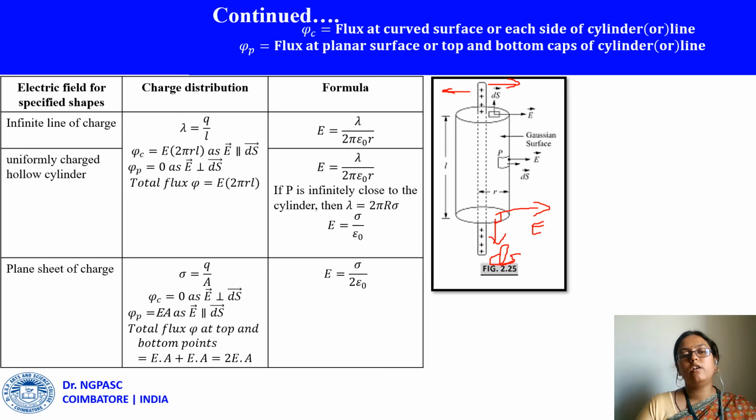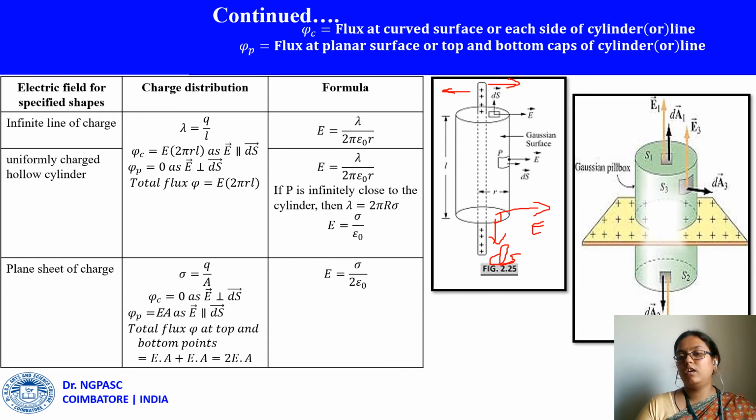Then if we go for plane sheet of charge, in that case it will be reversed. In plane sheet of charge, the flux at the top and the bottom region will be having maximum values, as the ds or the dA direction and the direction of the electric field will be same, while at the sides the direction of electric field and the direction of the area will be perpendicular to each other, because this is the sheet here, the plane.